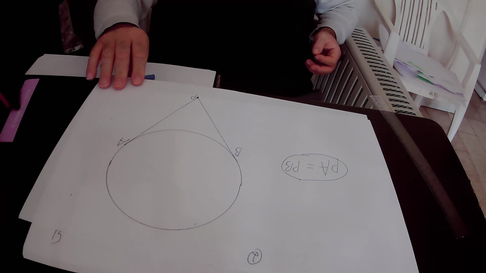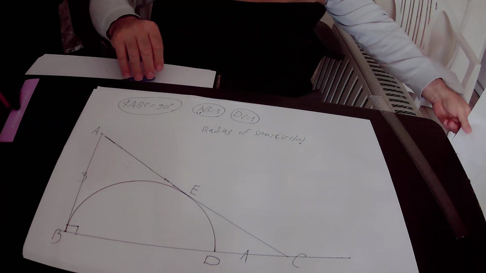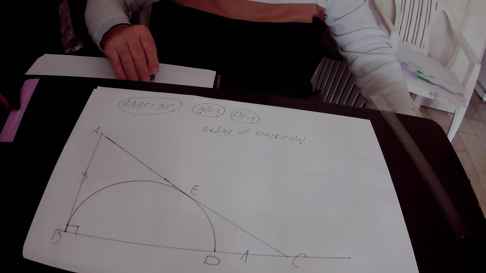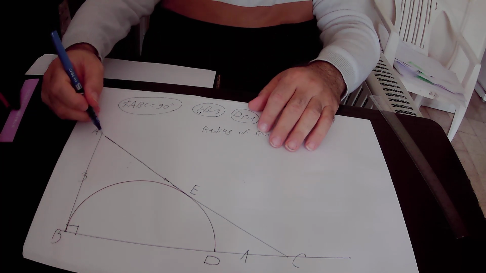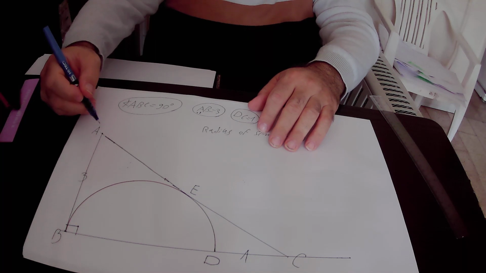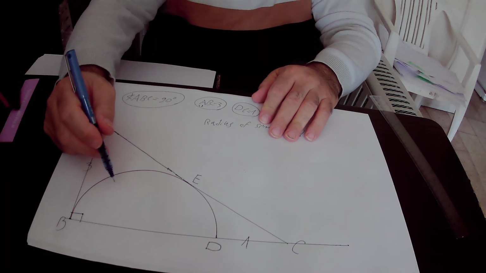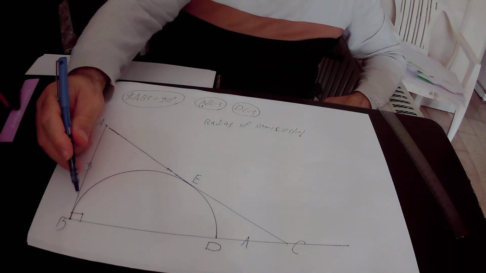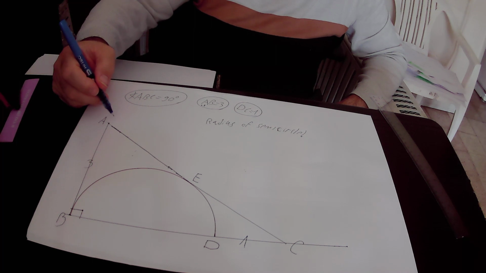And we can actually implement rule number 1 in our drawing, because in our drawing we have an external point, point A. Point A is an external point because point A is not located inside this semicircle nor on this semicircle, but it is located outside the semicircle.